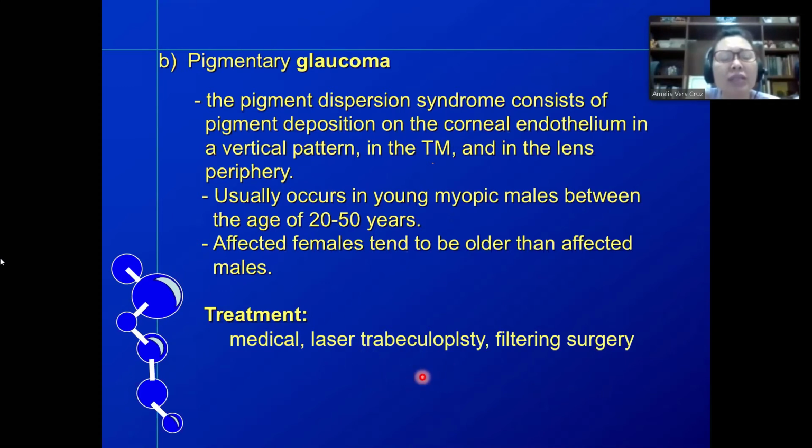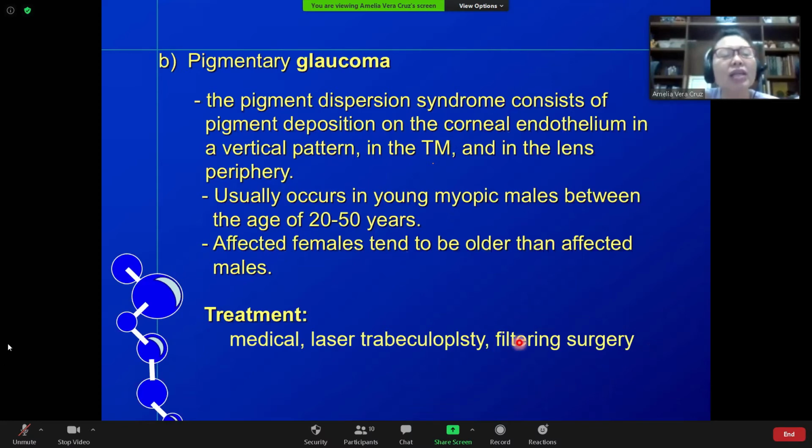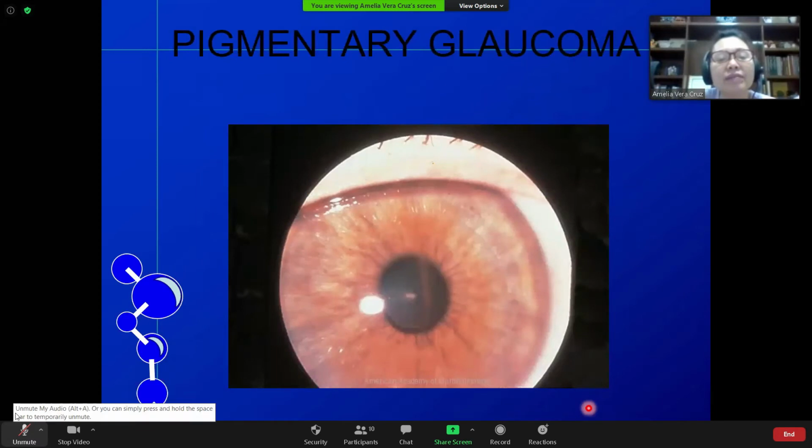So the treatment is still laser trabeculoplasty, gagawa ka rin ng butas doon sa trabecular meshwork. Also medical, the topical anti-glaucoma medications. And if these two fail, you will do na trabeculectomy. Okay? Next.